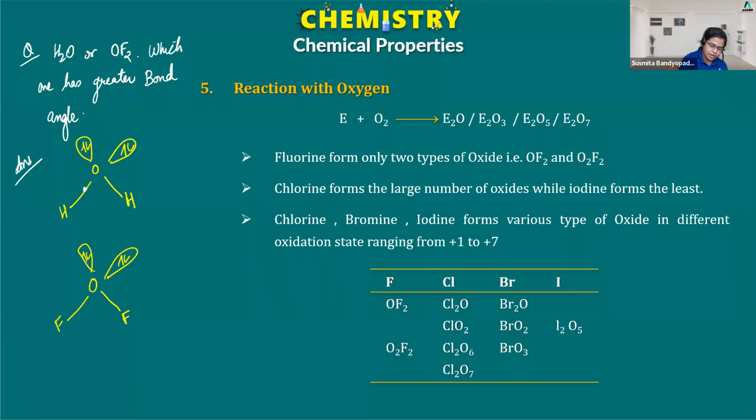So the bond pair of electrons are quite closer to oxygen. But here fluorine is more electronegative, so it's more towards fluorine. So this gap is less. So this gap being less, it will try to slightly move apart to minimize little repulsions here.